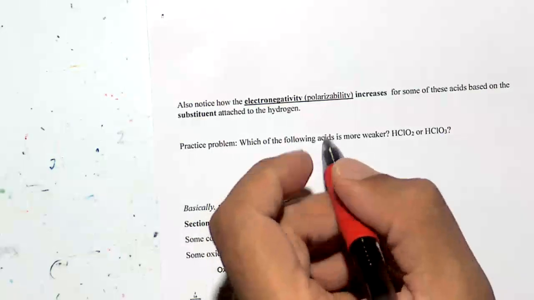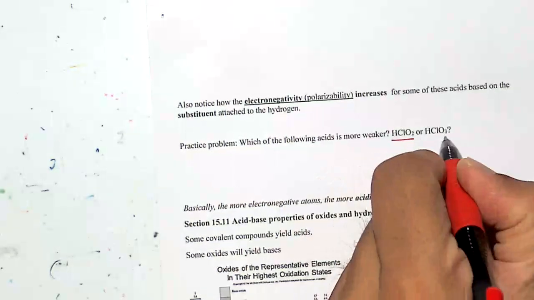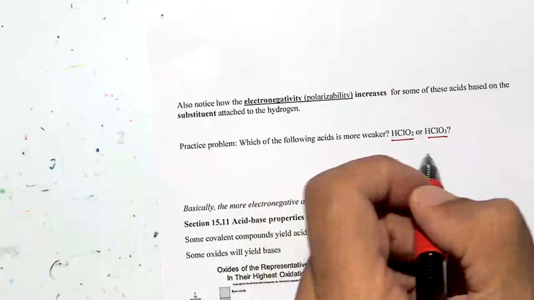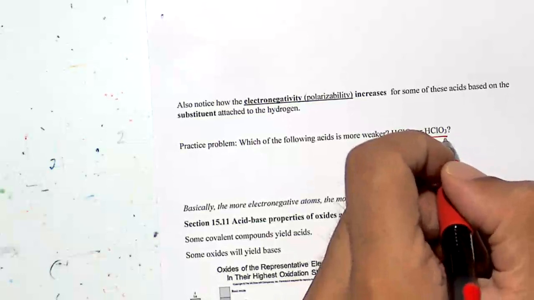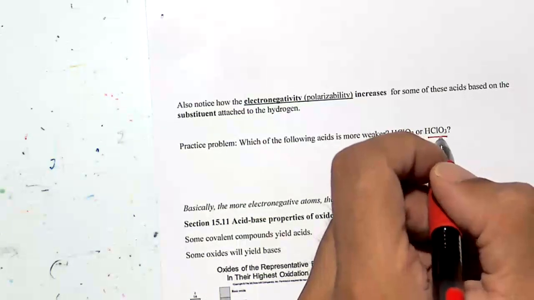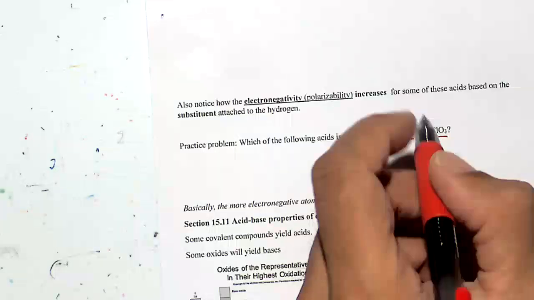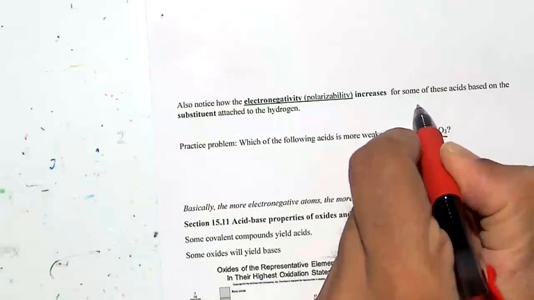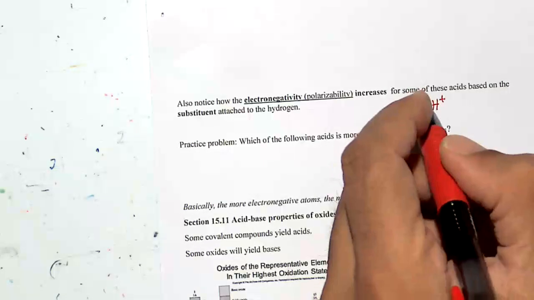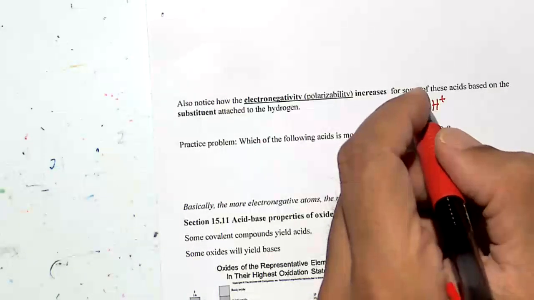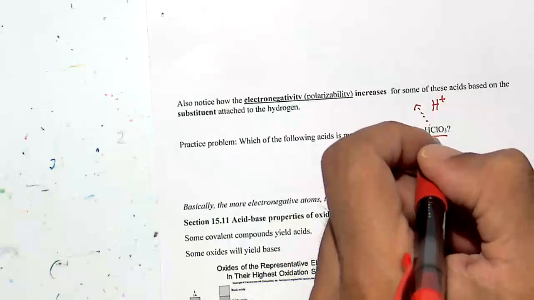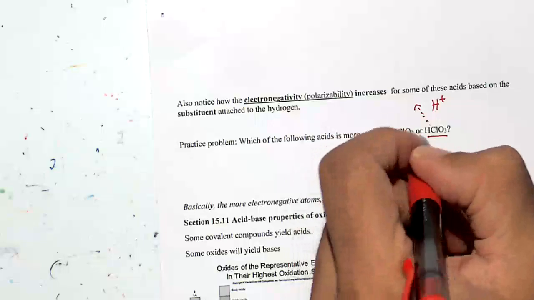Okay, which do you think would be the weaker acid, HClO2 or HClO3? So which has more oxygens? Okay, so which has more pulling power? The one that has 3 oxygens will pull. So if it pulls, this has a tendency to come off as H plus, just because it's like a tug of war. 3 oxygens will tug on that one hydrogen and make it go away as H plus.